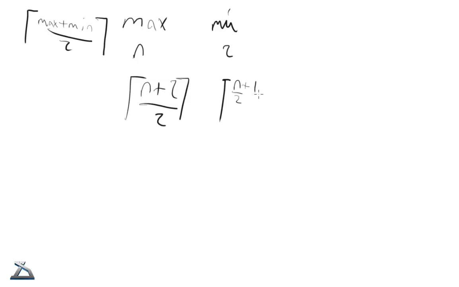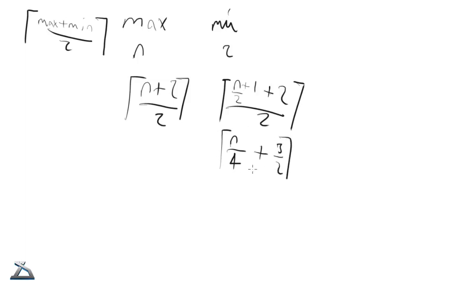And so this plus 2, the min, which hasn't been modified yet. And so if we take this, what we have is n over 4 plus 1/2 plus 1, or 3 over 2.